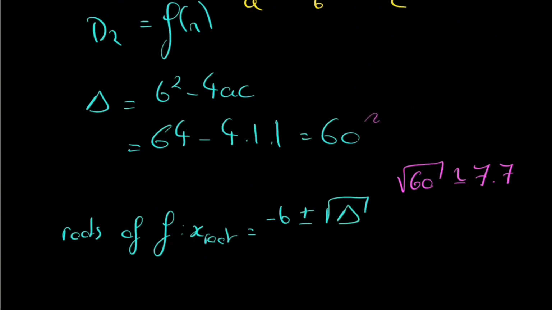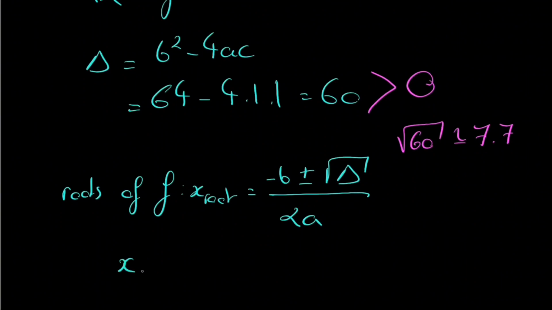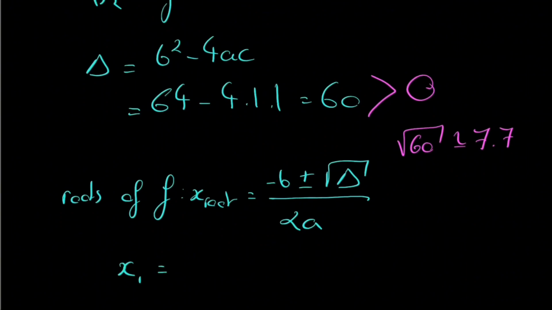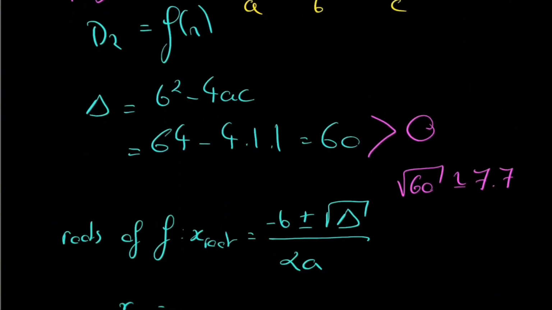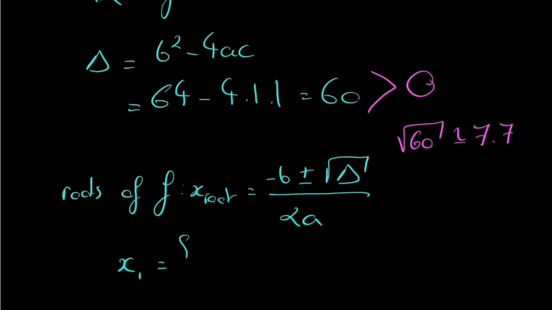This is very important, that delta is strictly superior to 0. So the first x root is equal to minus b, where b is equal to minus 8, so 8 minus the square root of 60, over 2.